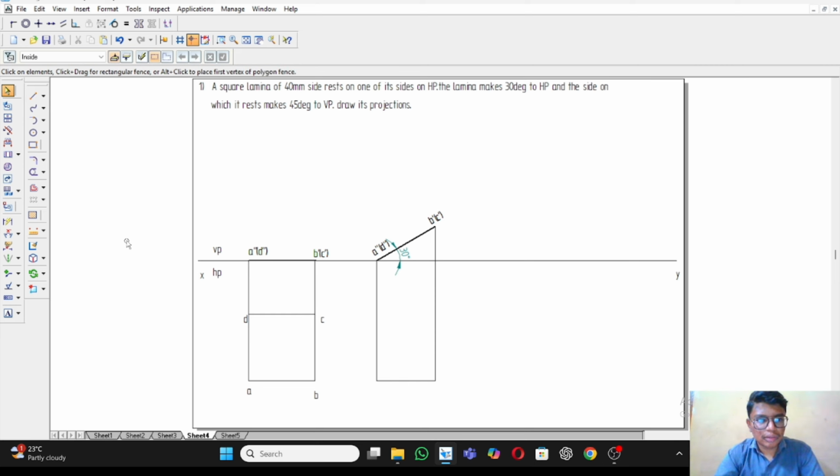Now we have done this part and we have to project the lines for this part also. We have to show the projections. We will use the ledge.